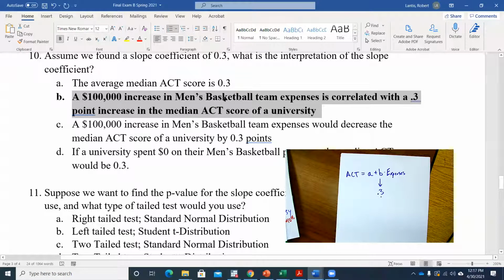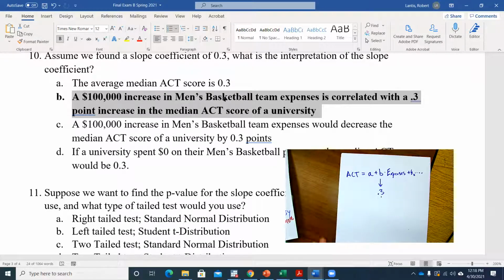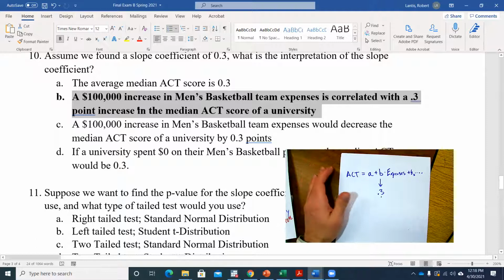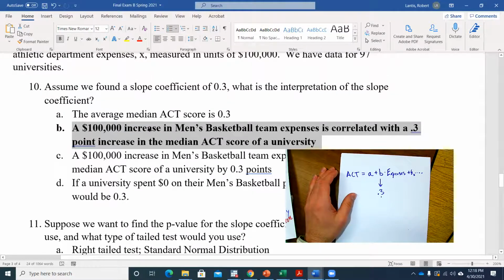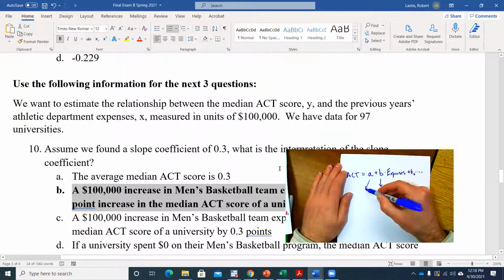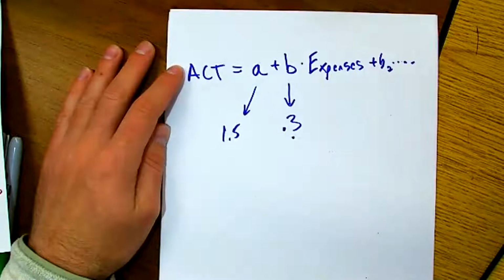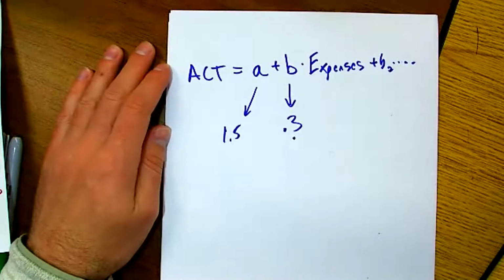Okay. Now, if I had other variables in this regression, it's the same interpretation. I just add in the phrase, holding everything else in the regression constant. I could have also asked, how would you interpret the intercept here? Let's say I had also given you the intercept coefficient, and let's say it's 1.5.